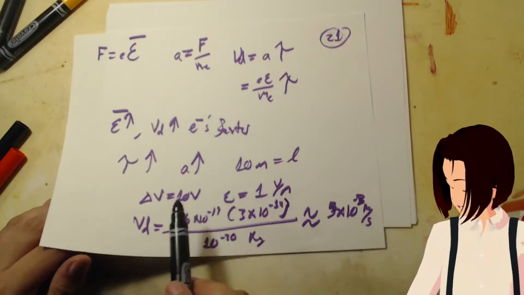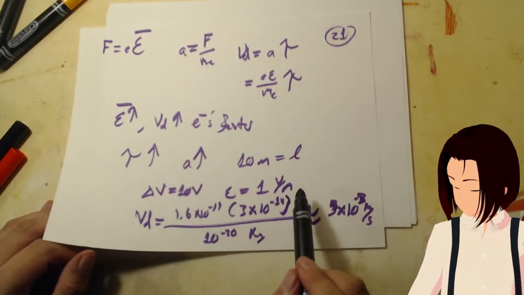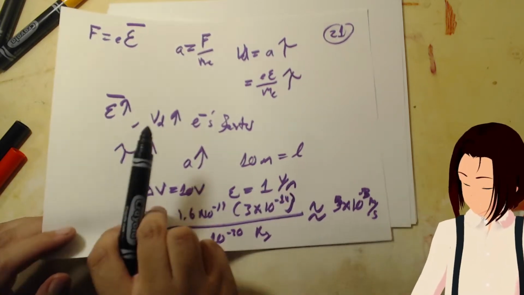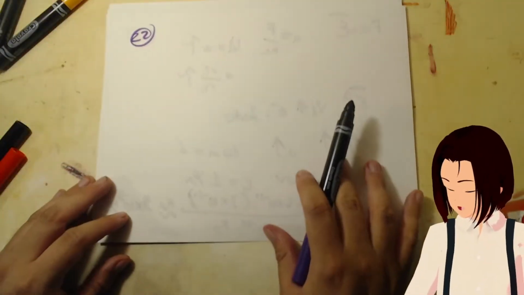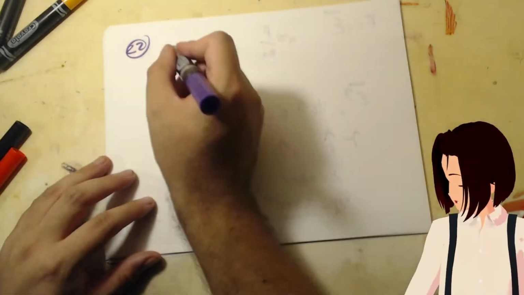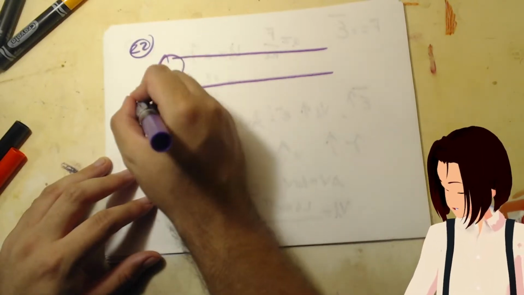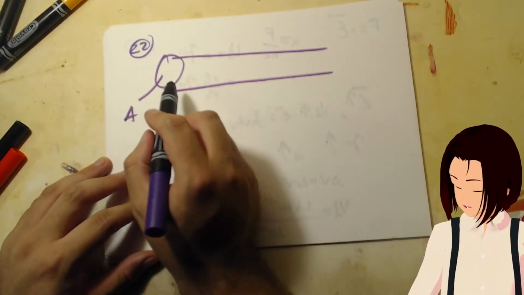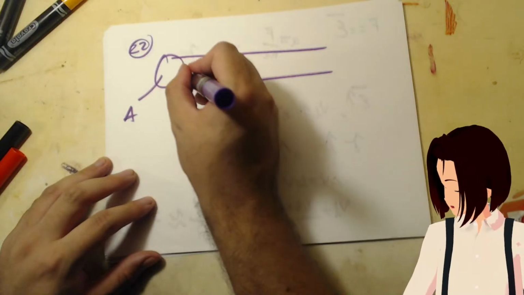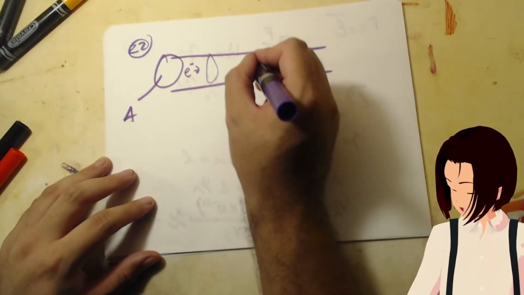Now, for a potential difference of 10 volts and a wire length of 10 meters, we can look at it another way. Let's say we have a wire with a cross-sectional area, and electrons moving this way.